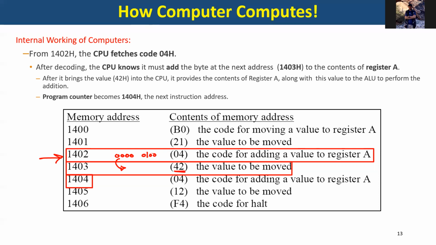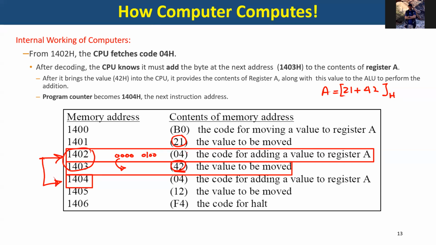So it will add 42 to 21. So A equals 21 plus now 42. Of course, this is all hexadecimal. And since we read 1402 and 1403, we read the whole instruction. So the program counter will point to 1404.